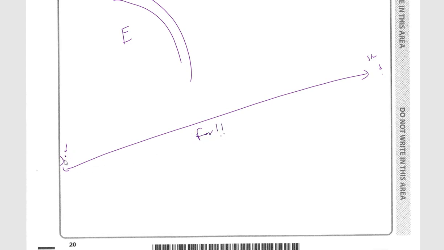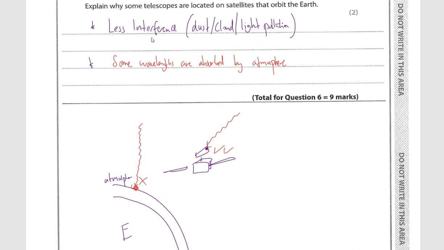Even this distance does nothing. So it doesn't matter about the closeness. Saying the telescope is closer to the object in space is wrong. These are the two reasons why.